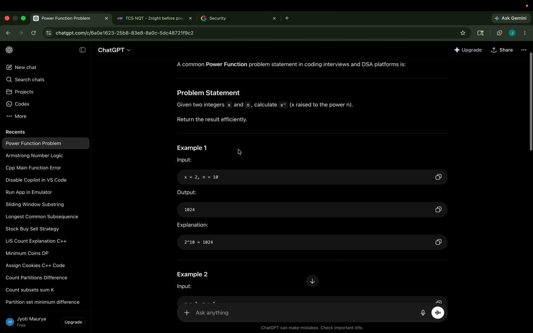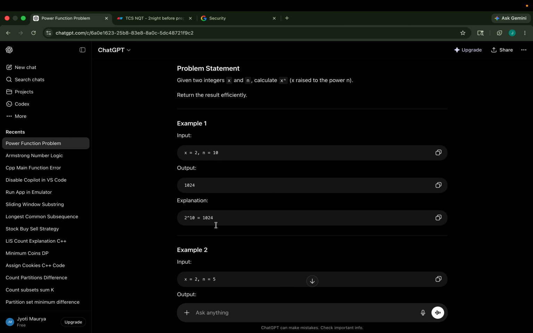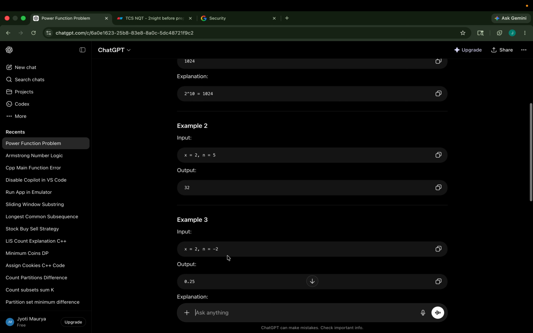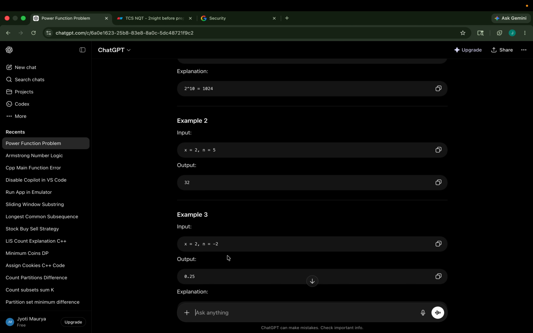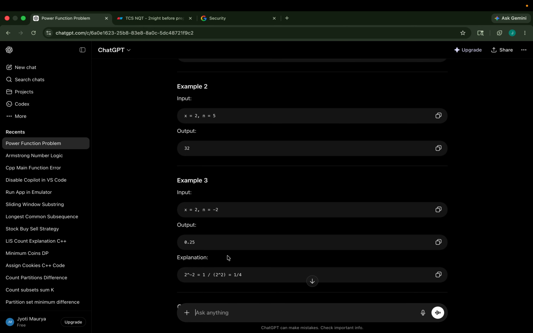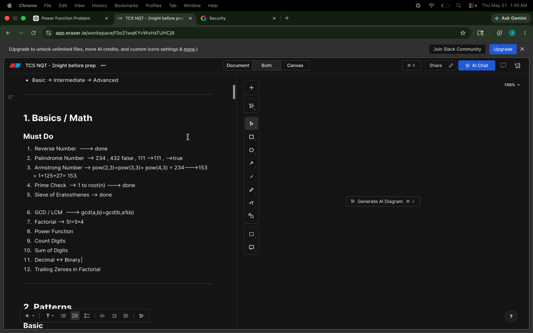Something like 2 to the power 10, or 2 to the power 5, and 2 to the power minus 2 is also possible. This is interesting, and it indicates that we need to do this in the next video because this might get a bit long for someone like me.